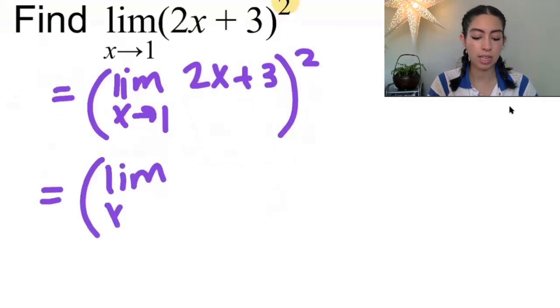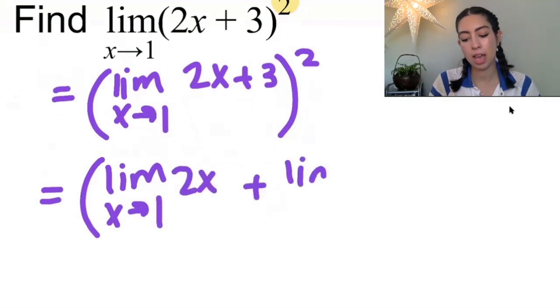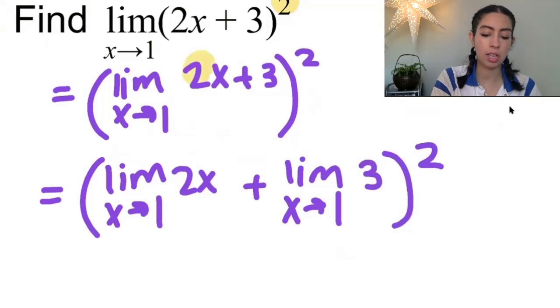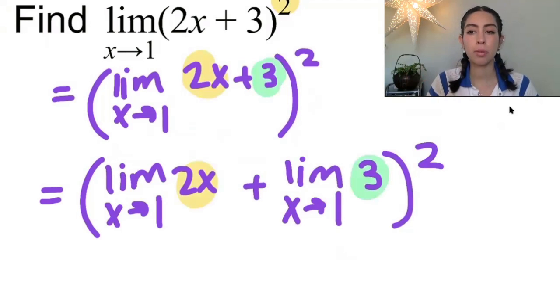We have the limit as x approaches 1 of 2x plus the limit as x approaches 1 of 3. And then that's all being squared. So I'm just taking each piece here and breaking it apart into two different limits, but they're both x approaching 1.